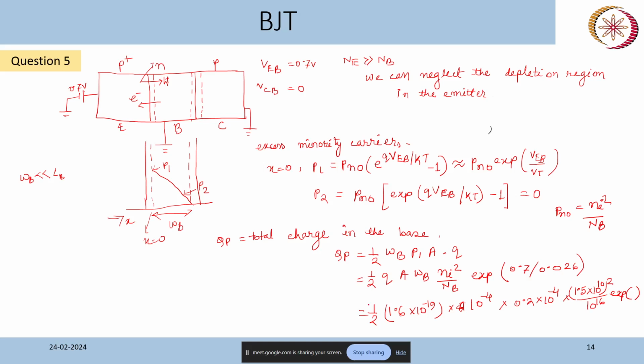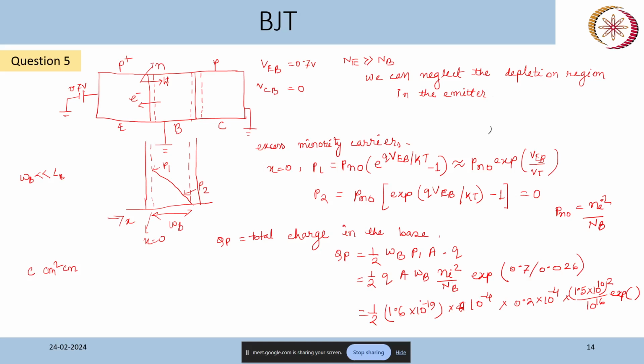Okay. Let's check the unit. So it is charge, so coulomb. Area is centimeter square. WB is centimeter width, so this is centimeter. Ni square is per centimeter cube whole square, and Nb is also per centimeter cube.